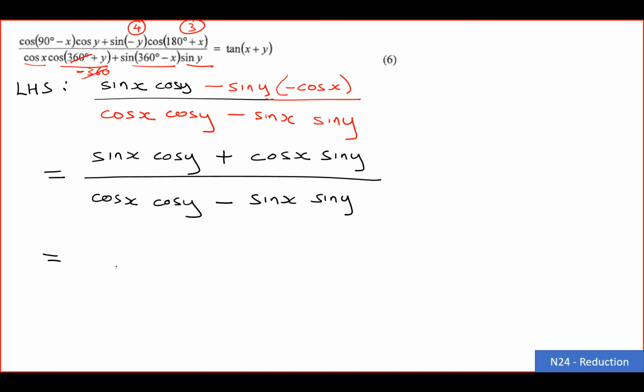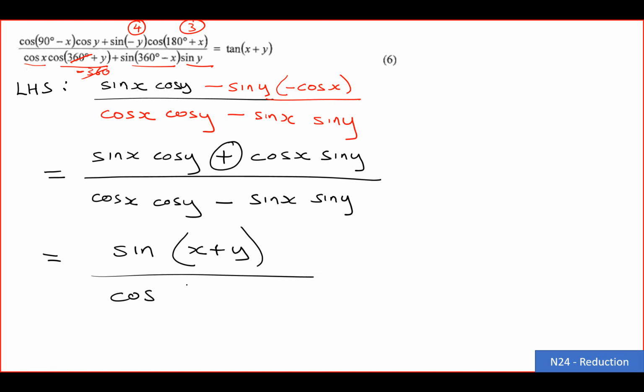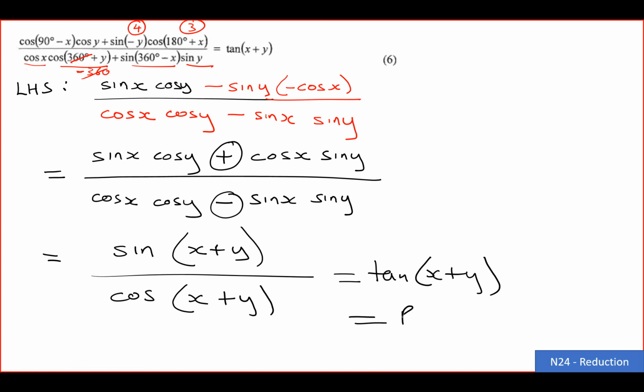Sine cos, cos sine on the top reduces to sine, and it's plus, so it'll be sine of x plus y. In the bottom, we're using the compound angle for cos, and if it's a minus for cos, we'll change that to cos of x plus y. And we know sine over cos, the angles match, is equal to tan of x plus y. And that is equal to the right-hand side, as you can see. Thank you.